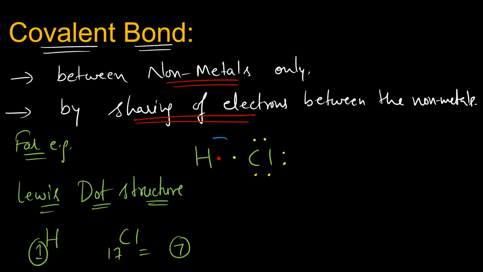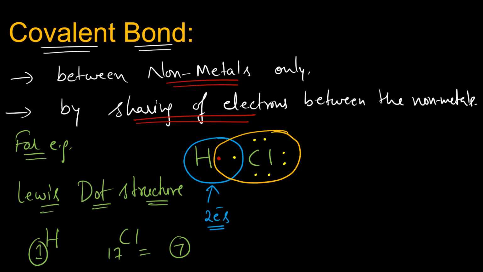Now if they share these two electrons, hydrogen is going to have 2 electrons in total, while chlorine, after the sharing of these electrons, is going to have in total 8 electrons, which completes its octet.